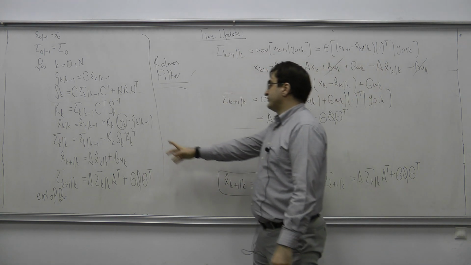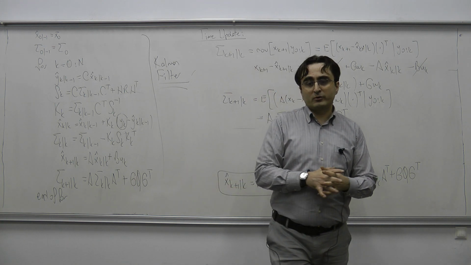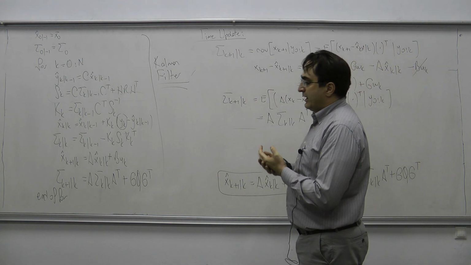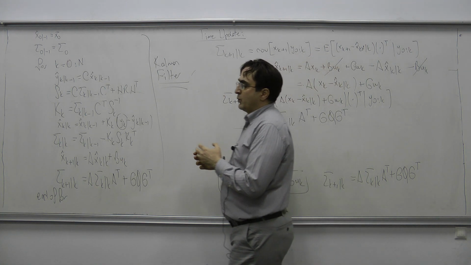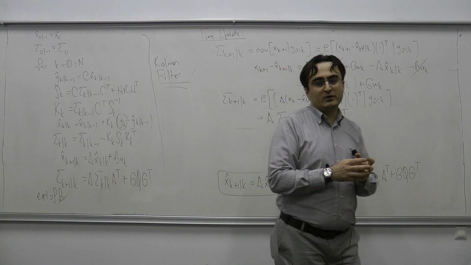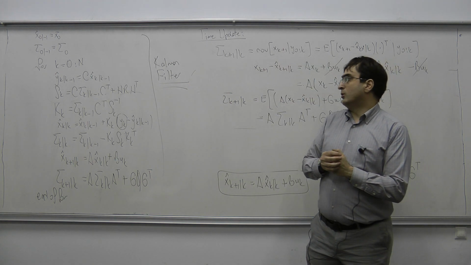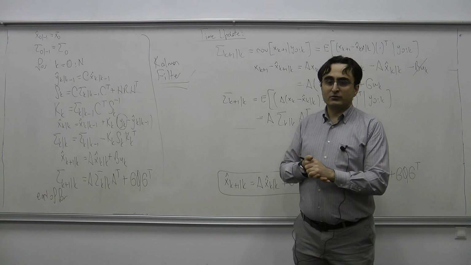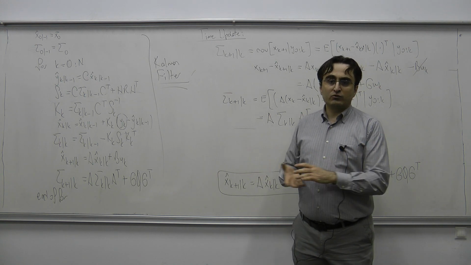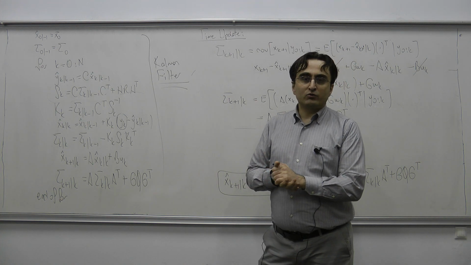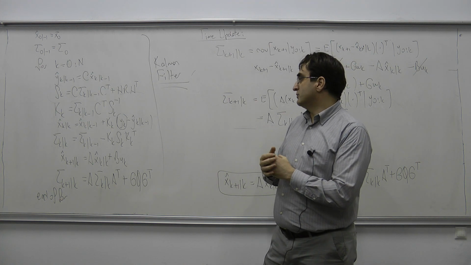For example, we're going to see that the innovation sequence is going to be an independent sequence. So in the 1960s, when Kalman first came up with this filter, no one believed him. He couldn't publish his studies in standard electrical engineering journals. So he needed to go into mechanical engineering journals to publish his research.